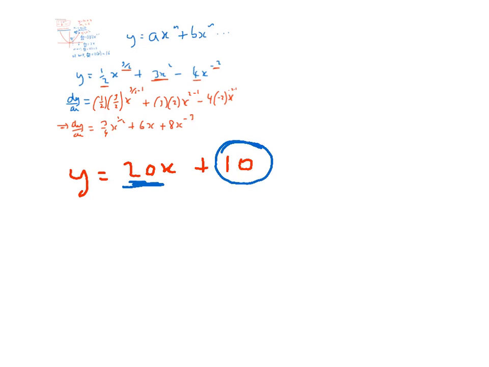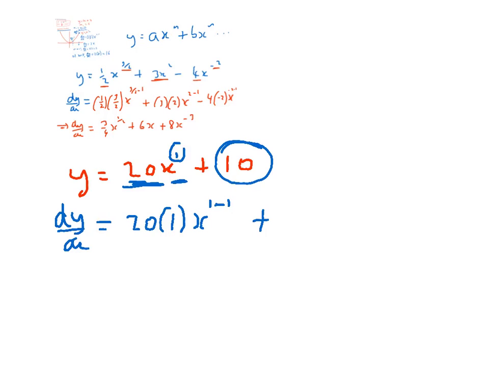And a number connected to just x by itself with no power attached to it, because of course this is x to the power of 1, when we differentiate, the number is just going to remain. So let's see how this works. So if we have dy over dx equals, remember here, a is 20, so I've got 20. The power 1 comes down, is 1 times x to the 1 minus 1.